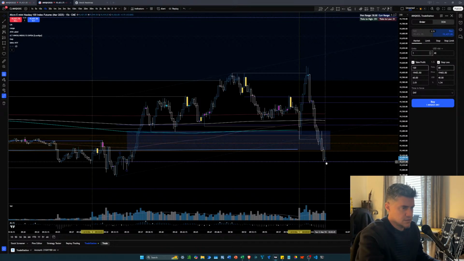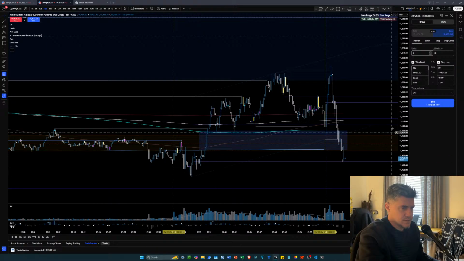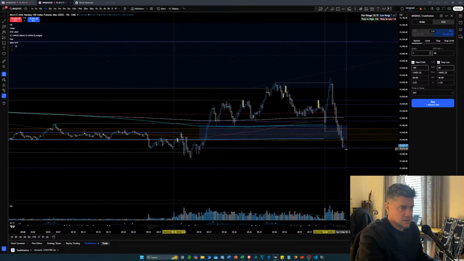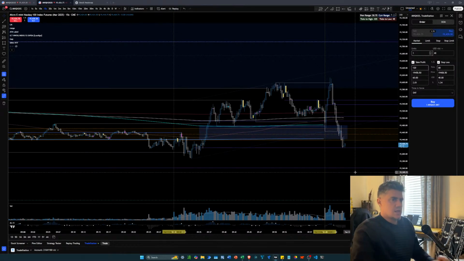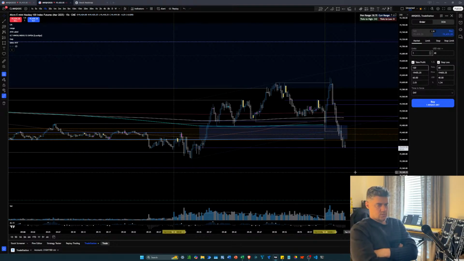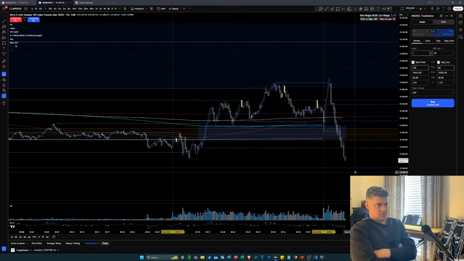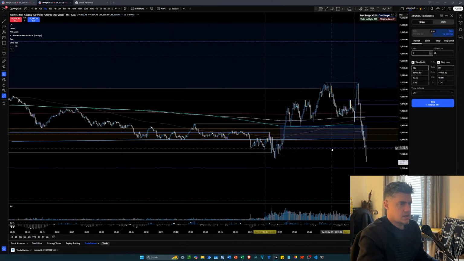And this could be the downside target. But at this velocity, all right. Range expansion.